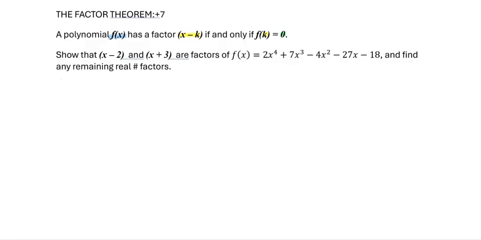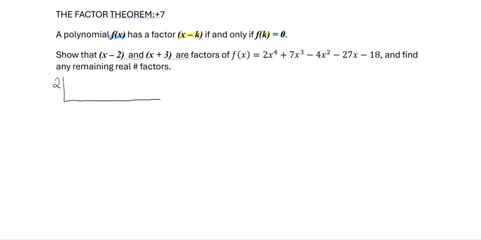So what we're going to do first is evaluate f of x at x equals 2, because if x minus 2 is a factor, then 2 would be a 0. So I'm going to change the sign to 2 here. And I'm going to draw my synthetic division box and list my coefficients.